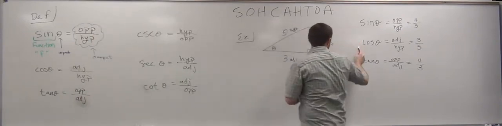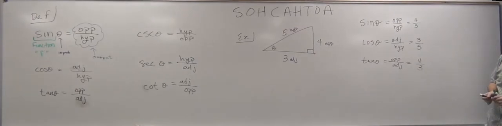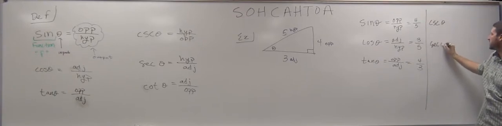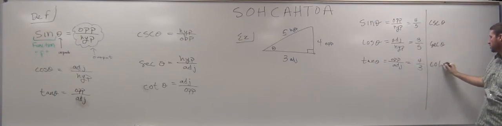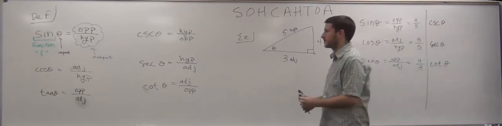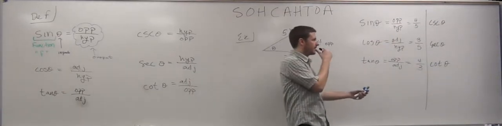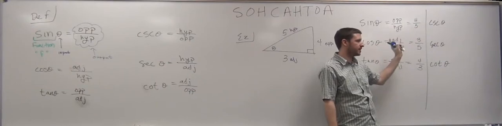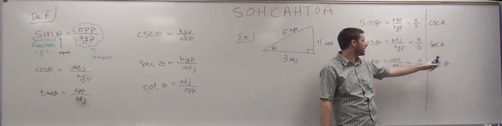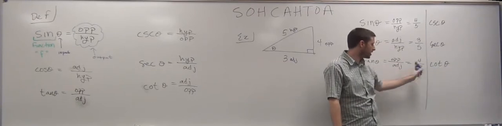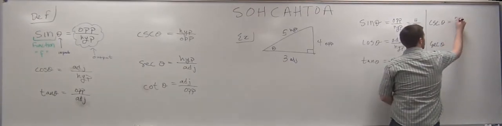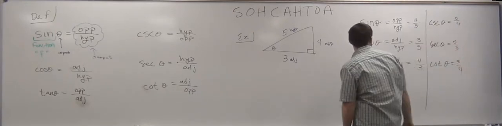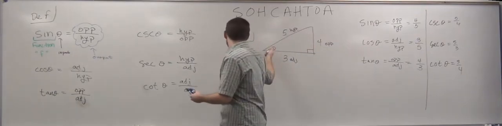Once you find sine, cosine, and tangent, then you can do cosecant, secant, and cotangent pretty quickly. For these three, you just flip. For cosecant, you flip sine. For secant, you flip cosine. And for cotangent, you flip tan. So these are your 6 trig functions for this angle theta.